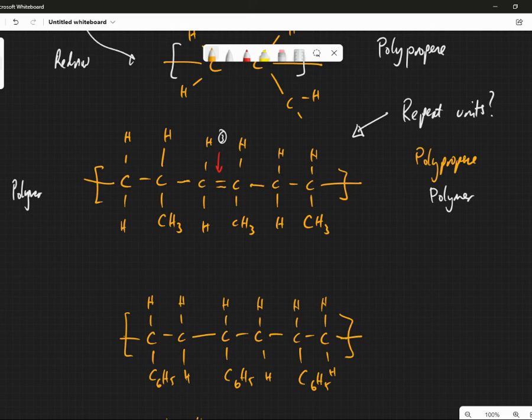I've done that. And now, once I've done that, I'm going to get rid of everything to the left. I'm going to get rid of everything to the right. And what's left, this guy, is the monomer. So we've gone from the polymer back to the monomer.